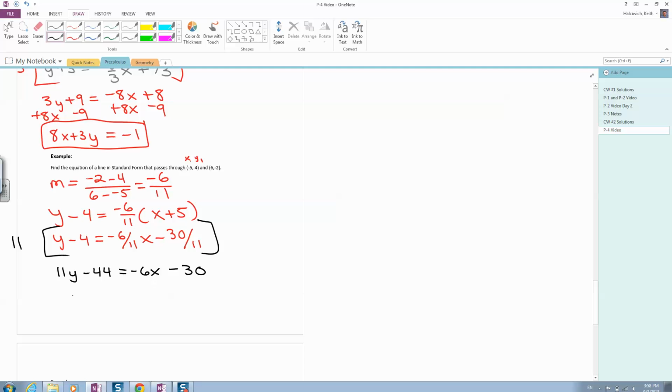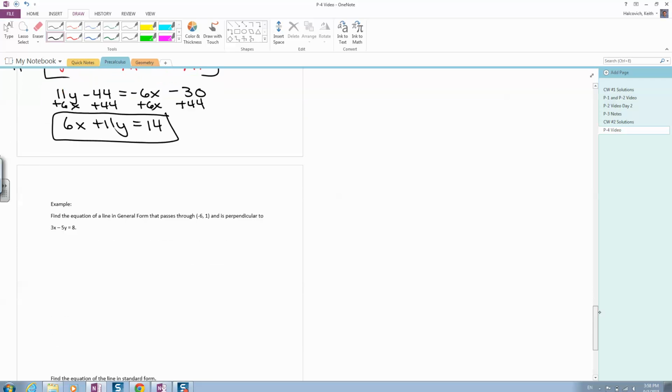And then you move the 6x over. And then you move the 44 over. So you get 6x plus 11y equals 14. Because you're going to move the 6x over as well. Alright, so that's standard form and writing the equation of a line.